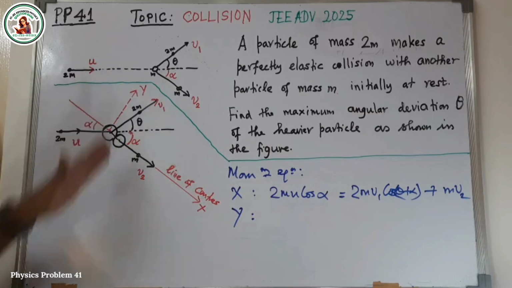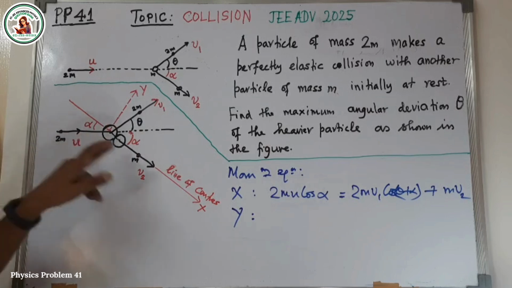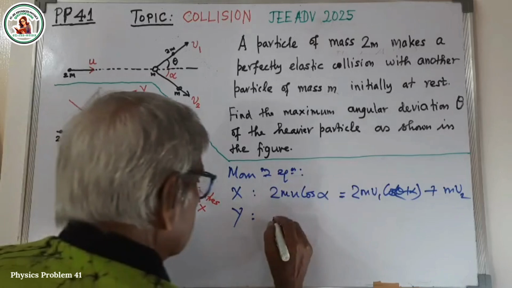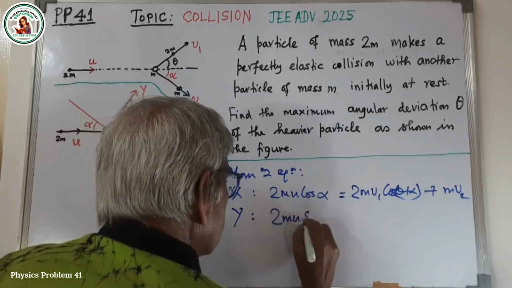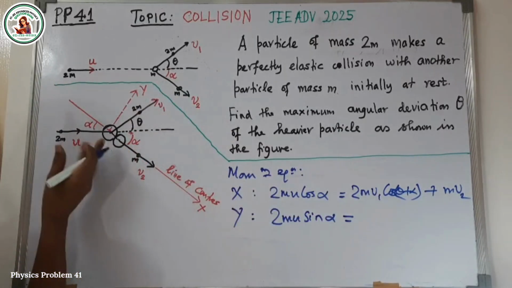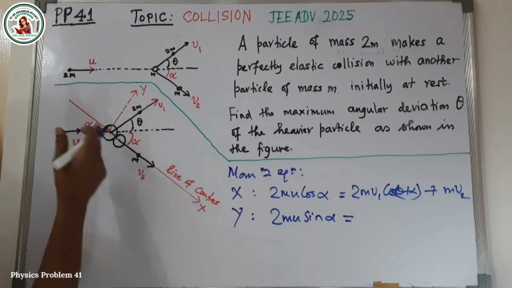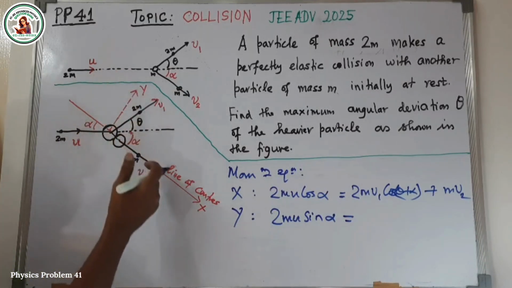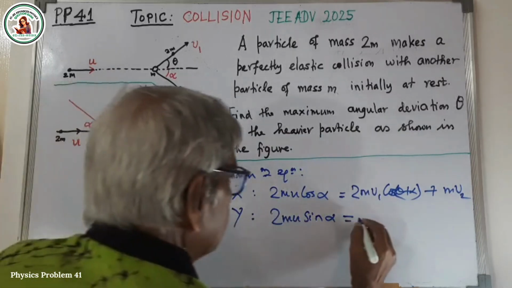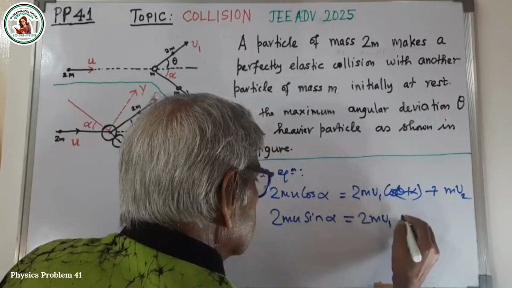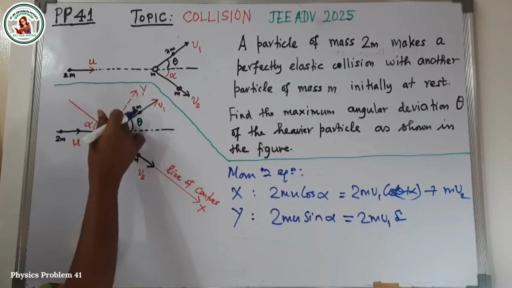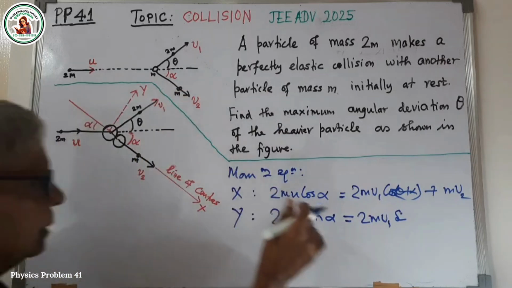Now in the y direction there is also an initial momentum due to the striking particle, 2mu sin alpha. For the final momentum, the smaller particle has no momentum in the y direction, so only 2mv1 sin(theta plus alpha), since the angle made with the y-axis is at right angle theta plus alpha.